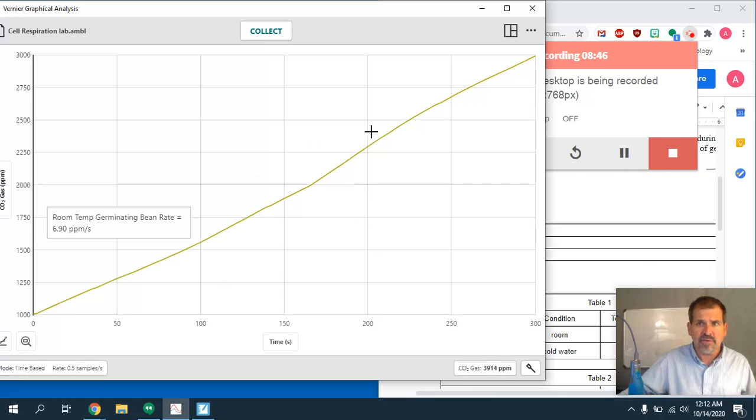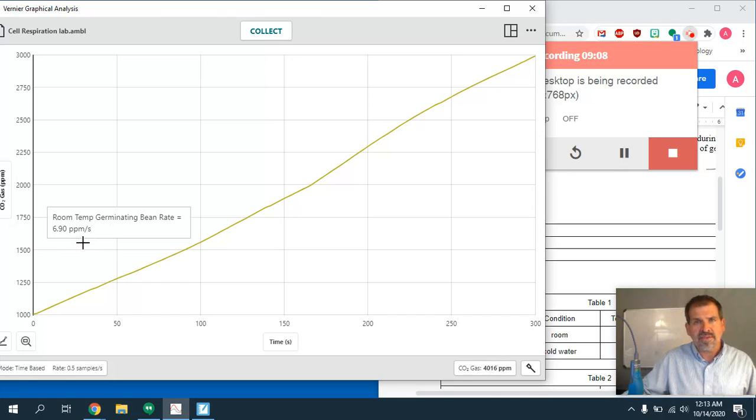Now, as you can see, if we take a look at the graph, here we've covered a span of 300 seconds or 5 minutes. And then I put in this label, the room temperature of germinating beans. So this is the graph. You can see the obvious pattern. And note that down here, I've got this 6.90 ppm per second.